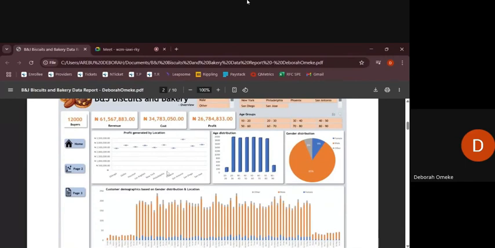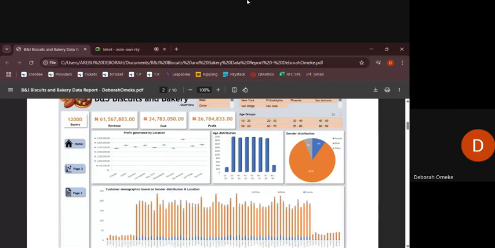So the first thing on our dashboard is profit generated by location. As you can see, the 10 locations did pretty well, but we can see a little increase in San Antonio. San Antonio did best, although all other locations did pretty well, but San Antonio had the highest, while Phoenix had the lowest.